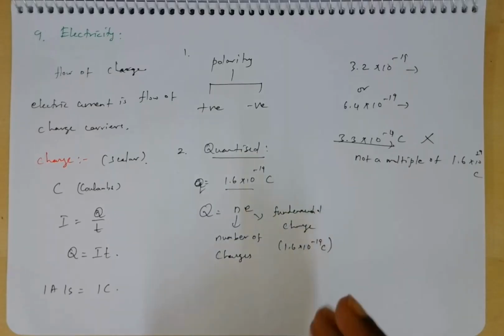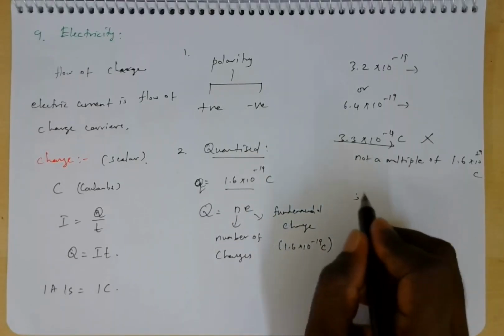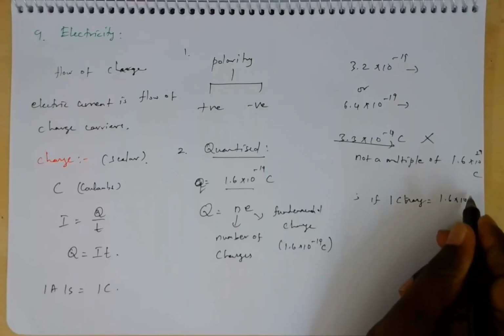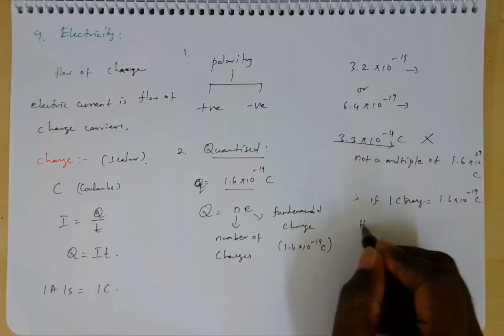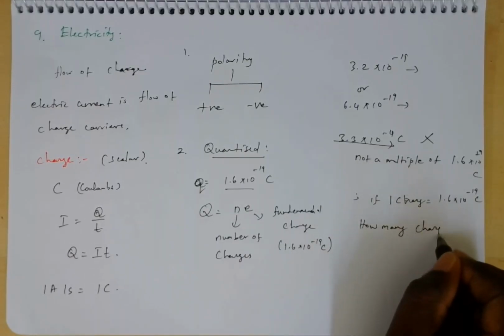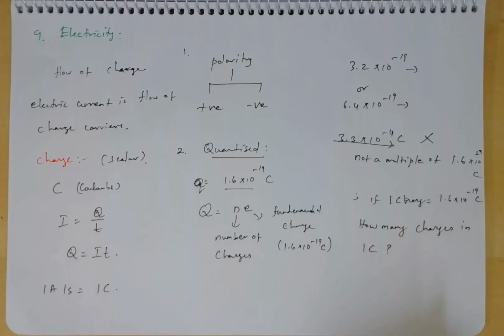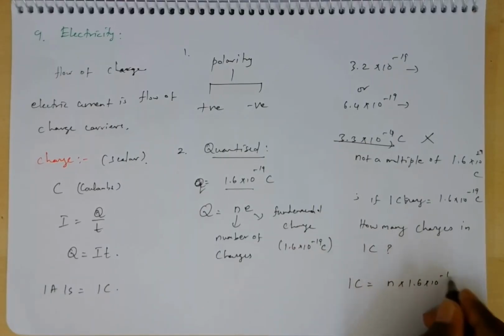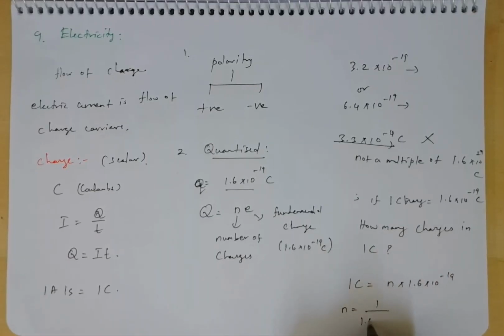A small calculation here. If one charge is 1.6 into 10 power minus 19 coulomb, how many charges are there in 1 coulomb? 1 coulomb is n into 1.6 into 10 power minus 19, so n is 1 divided by 1.6 into 10 power minus 19.